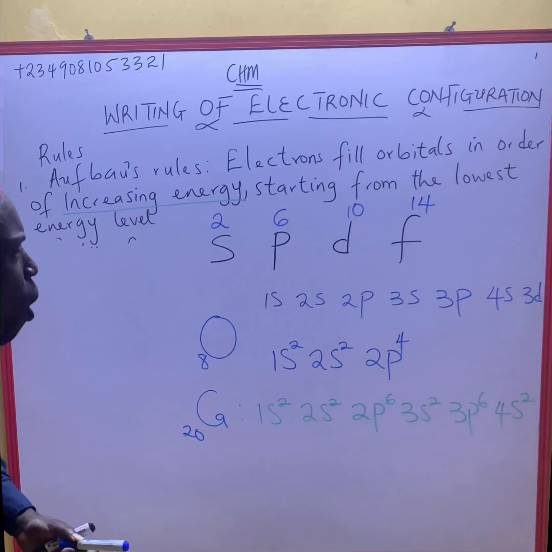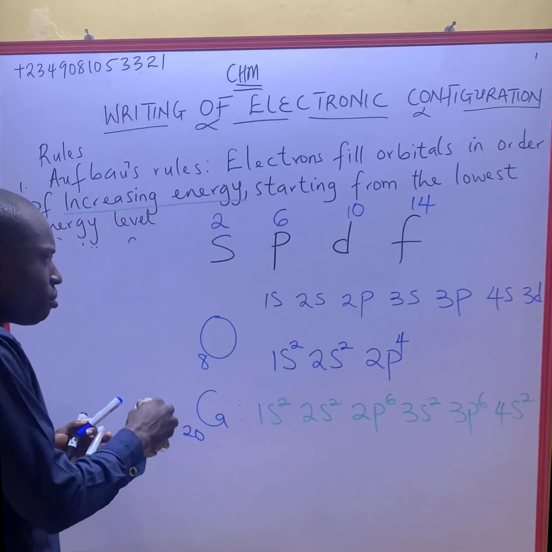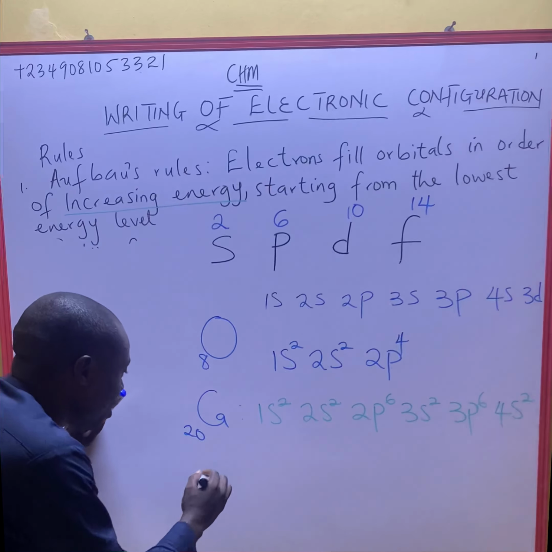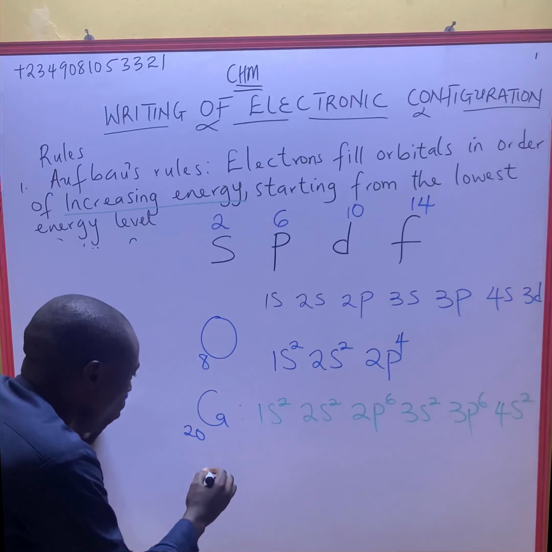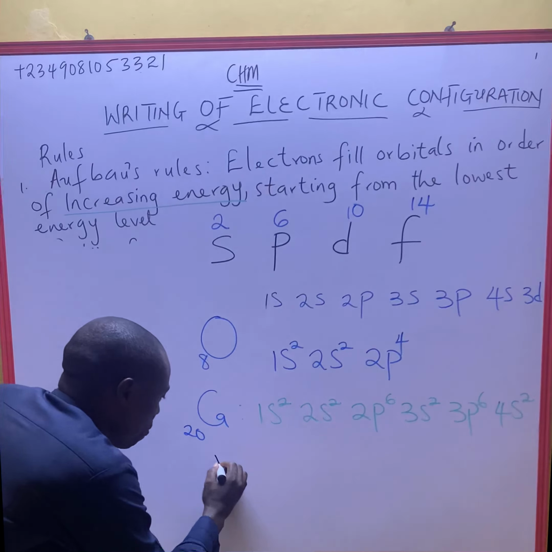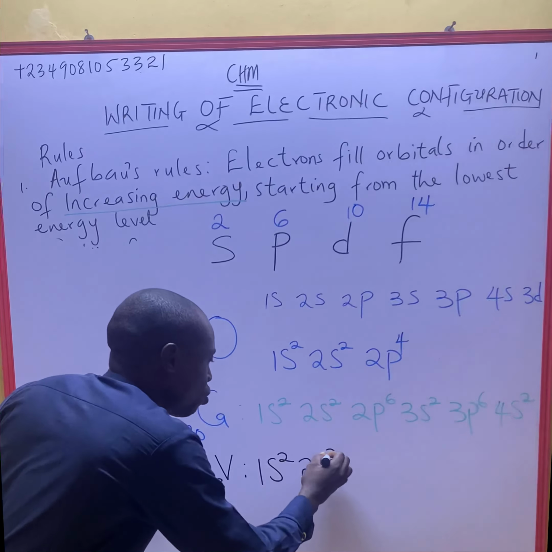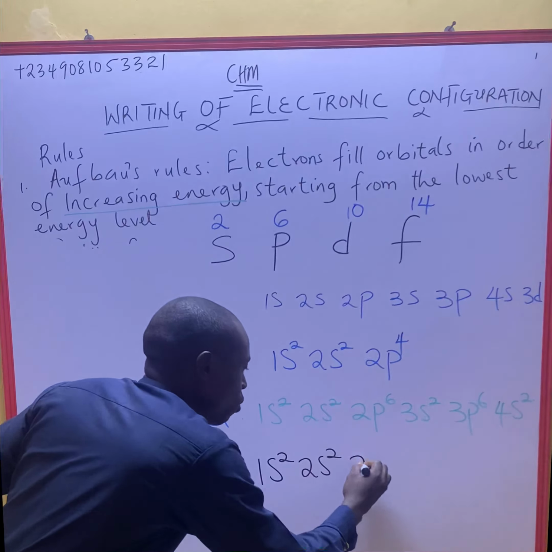Now, if I'm to go higher, for example, let's say I'm to work on vanadium. Vanadium is 23, which is 1s2, 2s2, 2p6.